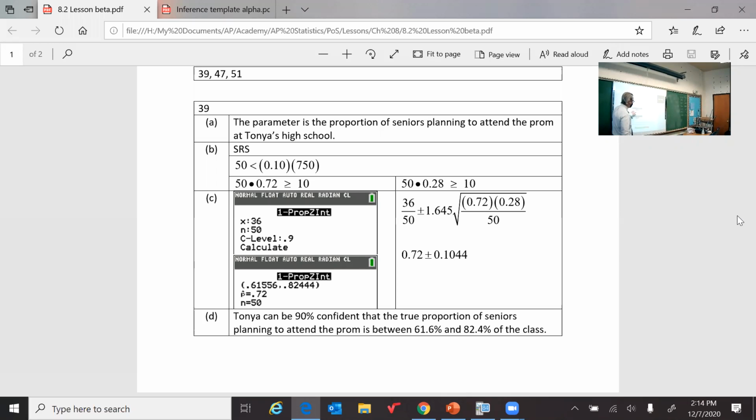Here's the calculator, but what is it doing? It's saying, here's success over total, 36 over 50. It's a 90% confidence interval. So the critical value would be the z-score that leaves 10% in each tail. Good? On your calculator, go here.